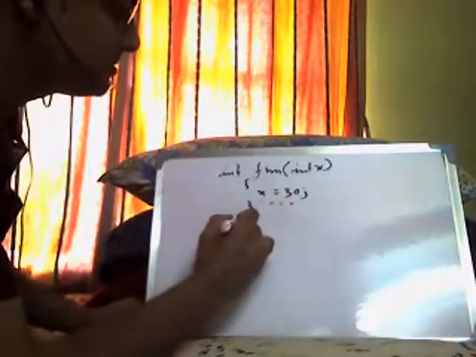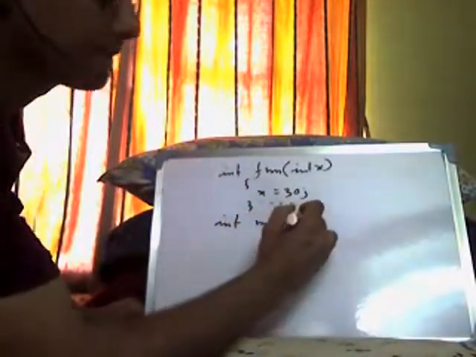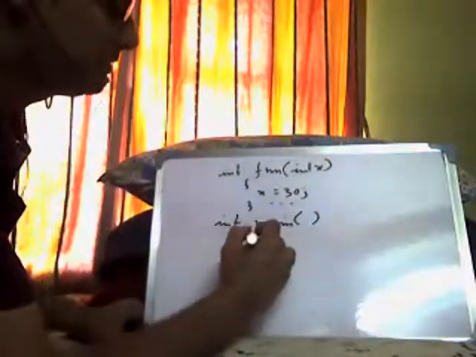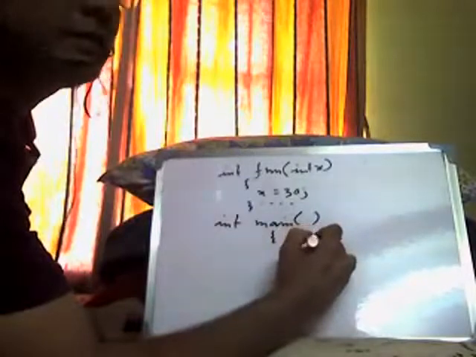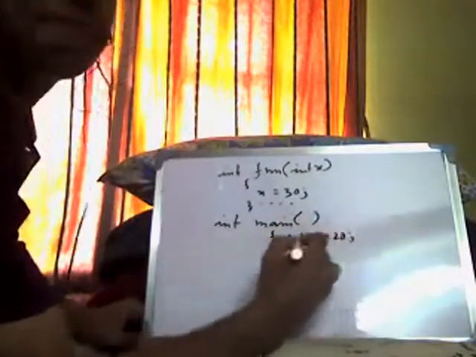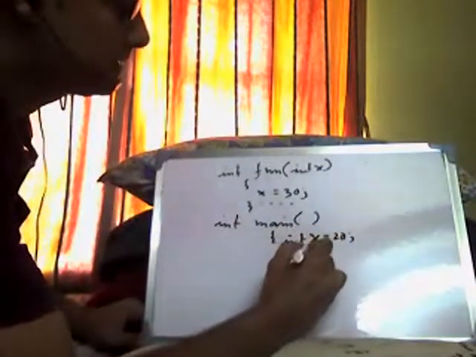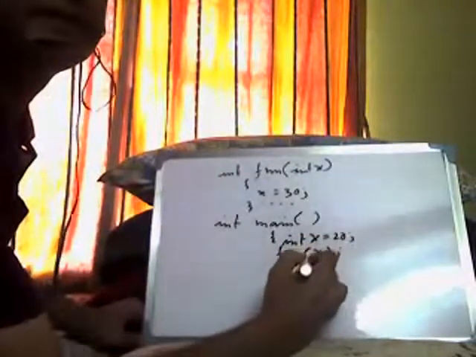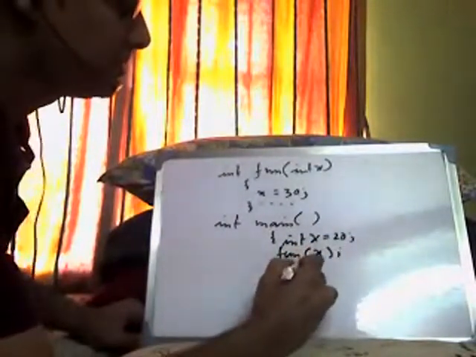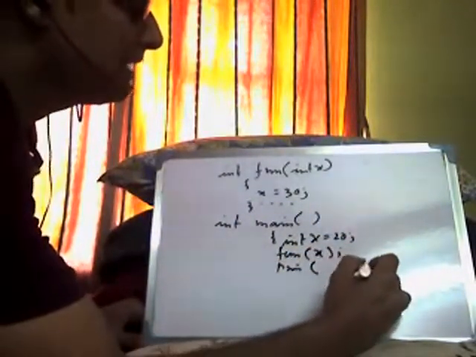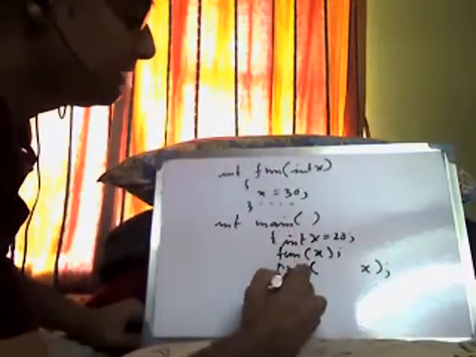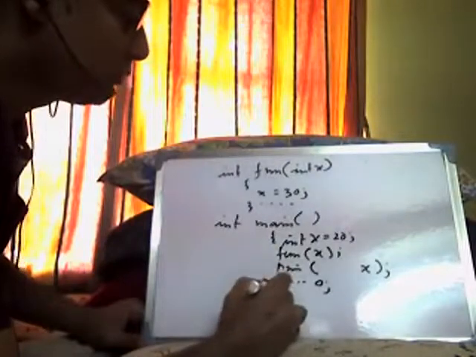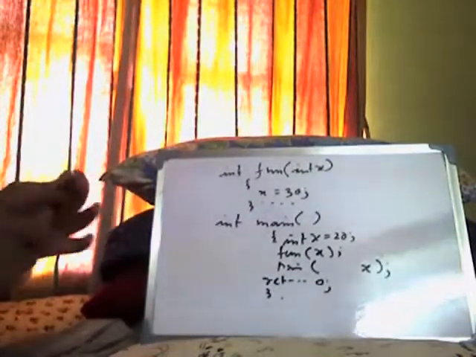Now in int main, within this, int x is equal to 20, call function x, and printf x here, and return 0. I'm not writing the whole code. Then what will be the output here? Can anyone tell me what will be the output?